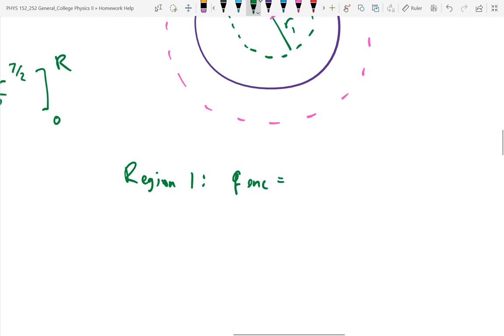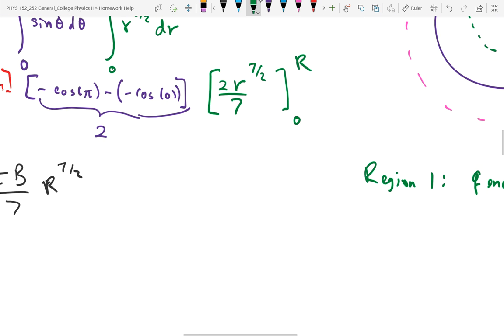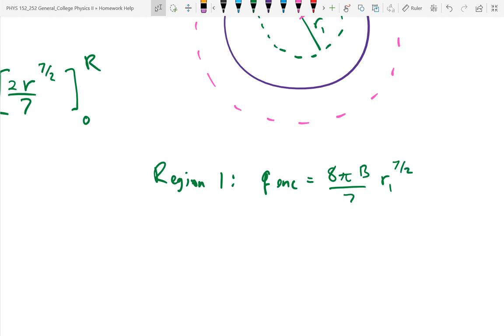So it's just going to be 8 pi b over 7 r1 to the 7/2 power. So that's my charge enclosed. And then I do the flux, which is the integral of electric field dot dA over that Gaussian surface.